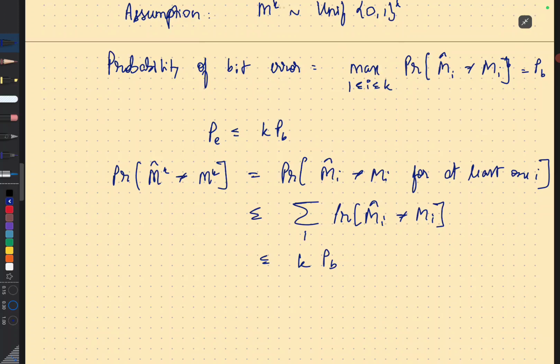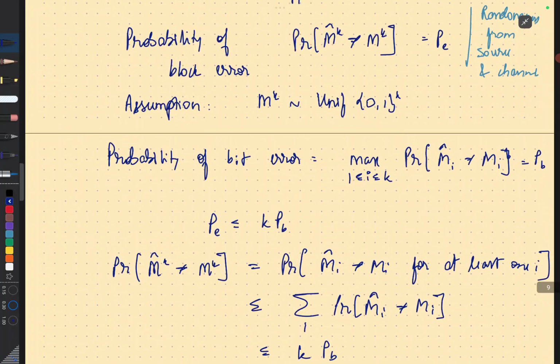But if you want to transmit files, then you can't have even one bit being in error. That's troublesome, right? Because if you transmit, say, a zip file, and you just change one of those bits, or maybe a text file, if one of those bits is wrong, then some of the characters could be completely garbled, right? So in such scenarios, you want to target a block error probability constraint.